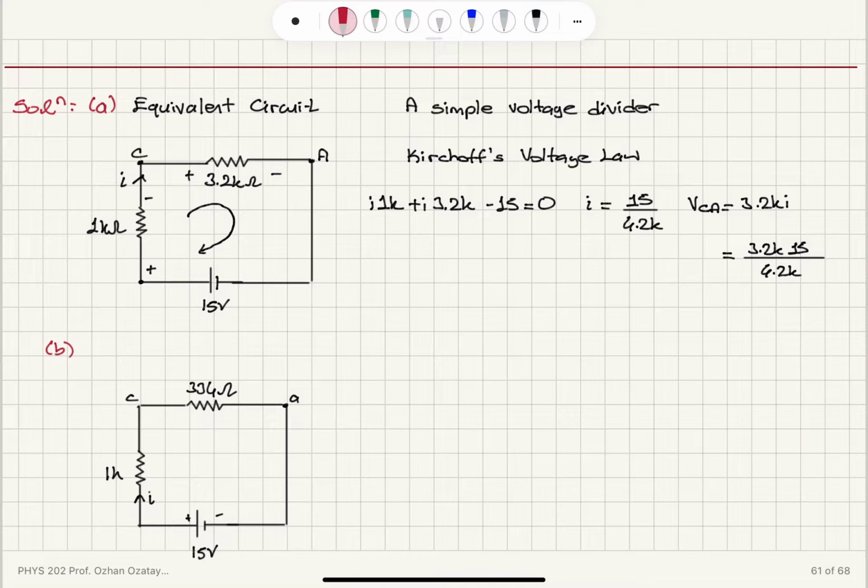So the K's will cancel here, we don't have kilo ohms. And if you calculate the potential difference of the anode with respect to the cathode, this is minus the potential difference of the cathode with respect to the anode, and this turns out to be minus 11.4 volts.